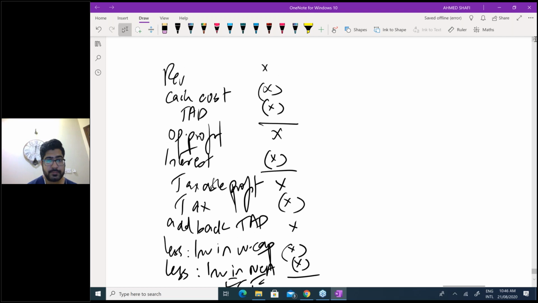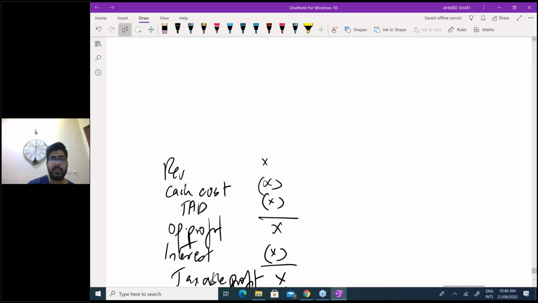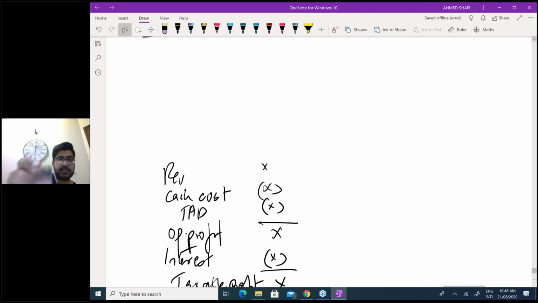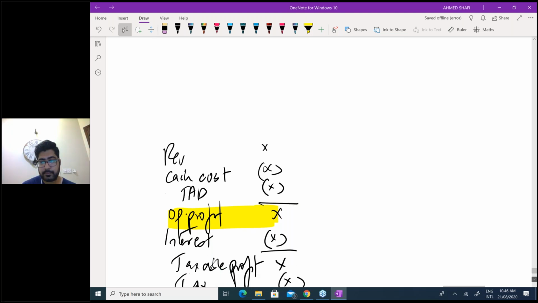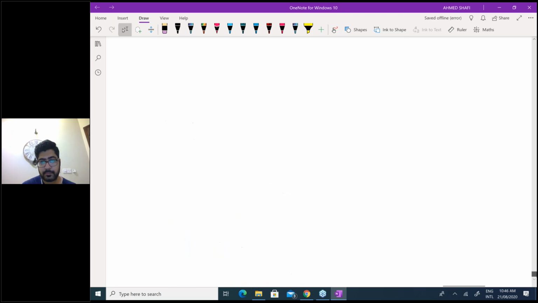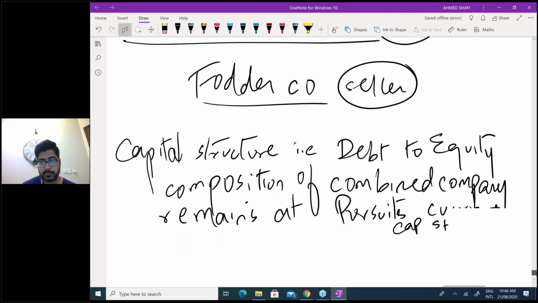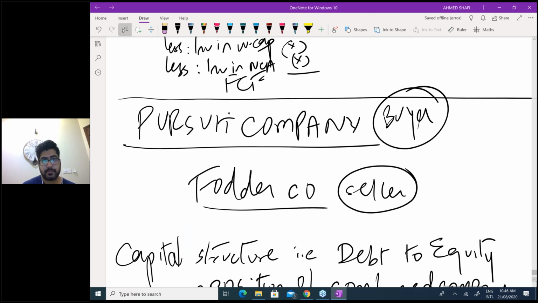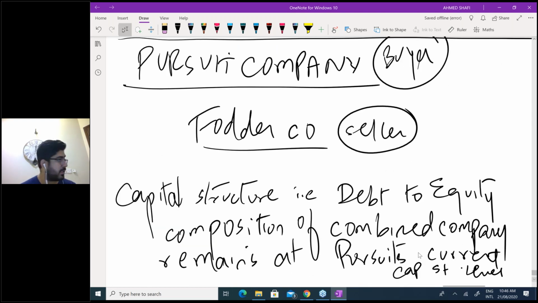I told you one thing. See, this operating profit comes after deducting cash costs and TAD. That's exactly what question is saying.